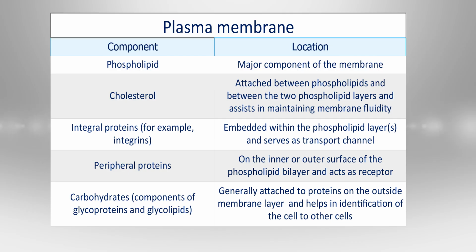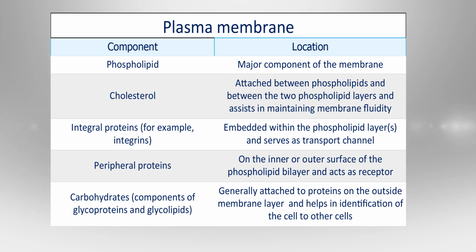Phospholipid is the major component of the plasma membrane. Cholesterol is attached between the bilayer of the plasma membrane, and the integral proteins are embedded within the phospholipid and serve as transport channels.